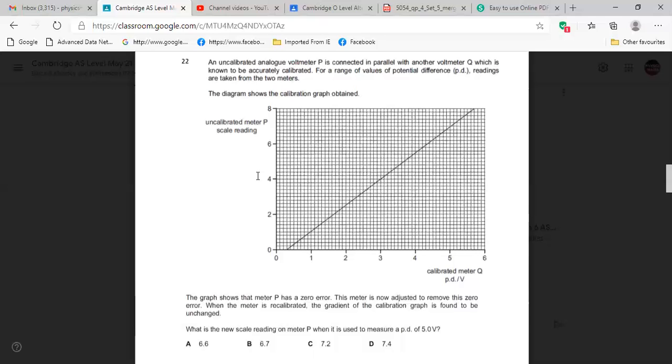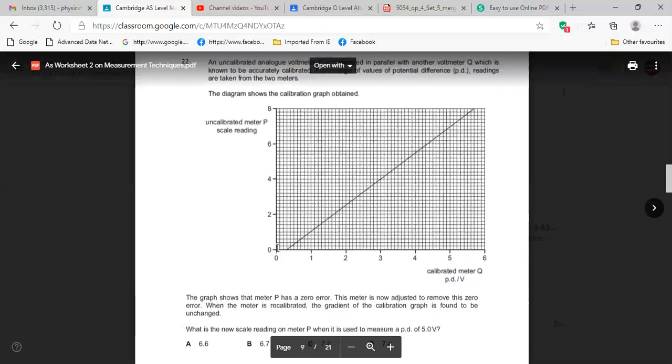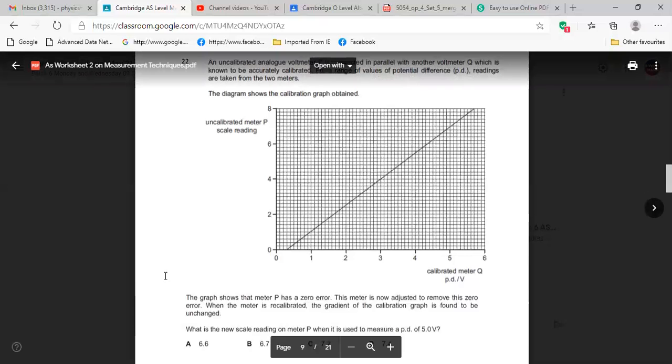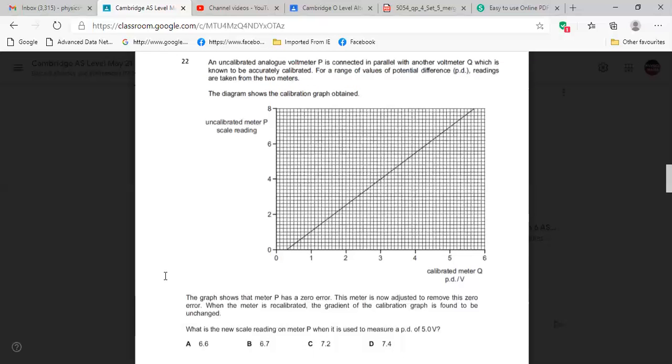This is the first point for question 22. So you will draw another straight line from the origin, right? Then the second point is, as the gradient is the same, the new line will be parallel to the previous line.